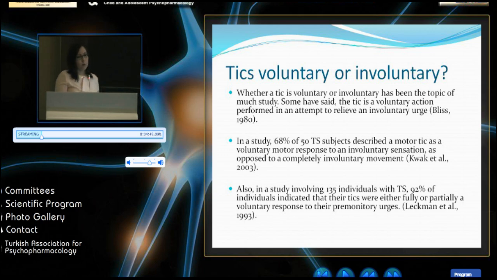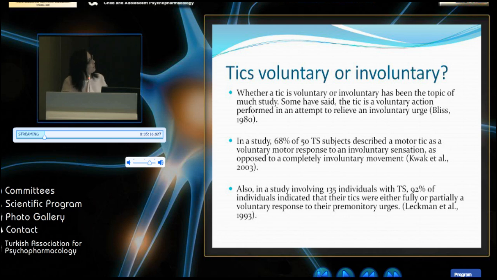So tics, voluntary or involuntary, this question is very important. It is important for treatment purposes as well because behavioral therapists are using this answer. It is not completely involuntary, but we cannot talk about its voluntary nature either. It's called semi-voluntary. In many trials and in many studies, the people with tics are questioned. Look at the very bottom.